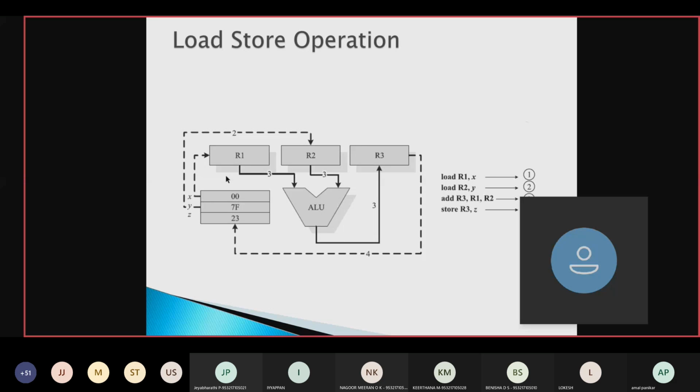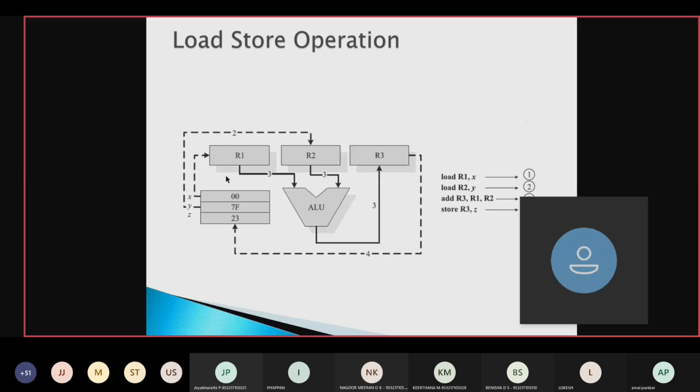Let us take, I'm having data in my memory. The data is going to be stored in the memory, and I need to take the data into the microcontroller. How it takes the data is called the load store process or load store operation. In RISC, it has this load store procedure.